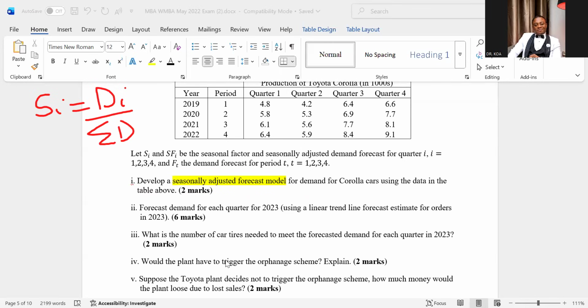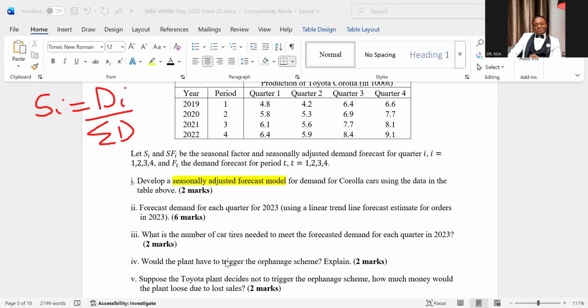What is a seasonal factor? The seasonal factor is telling you the contribution of each quarter's production, in this case, towards the overall demand. Like your first quarter, did you contribute a lot? Okay, then your seasonal factor must be big. And when you add all the seasonal factors, they must be equal to 1 because it's a ratio. As you can see, it's a factor.